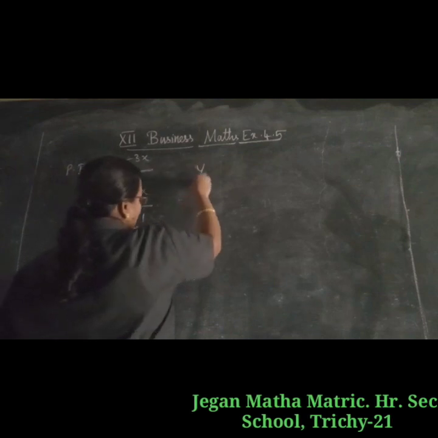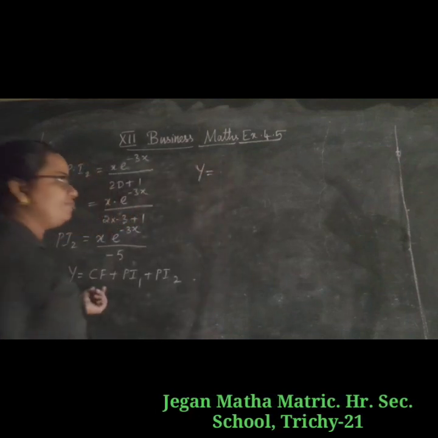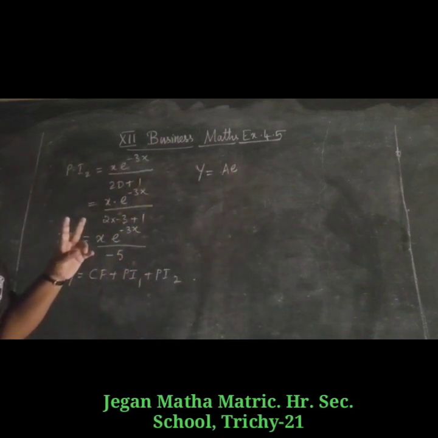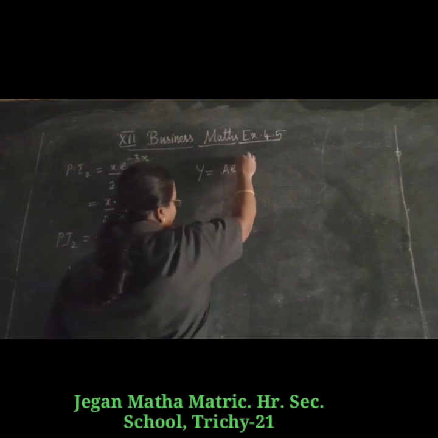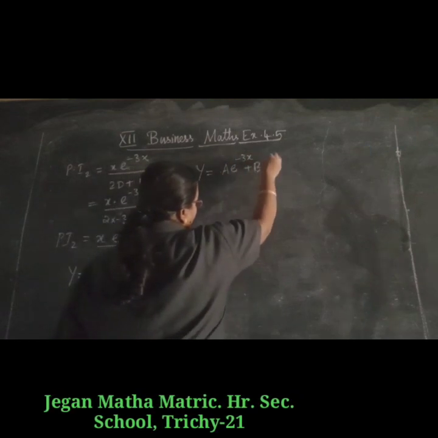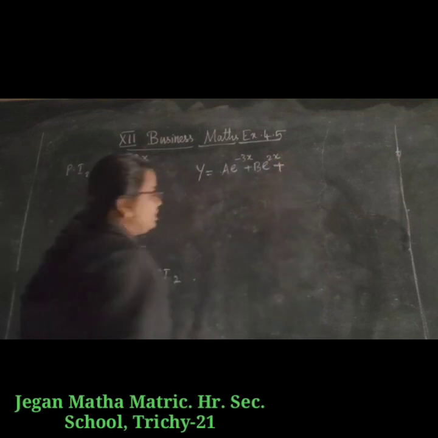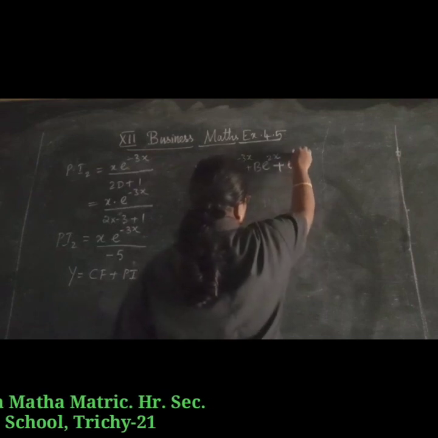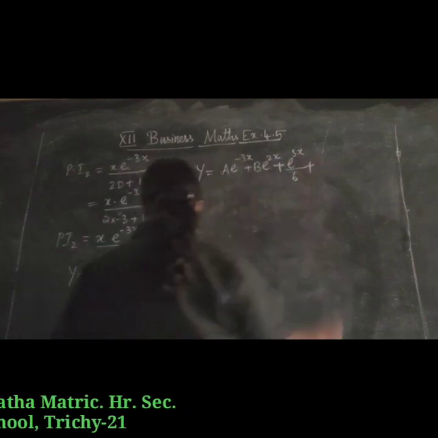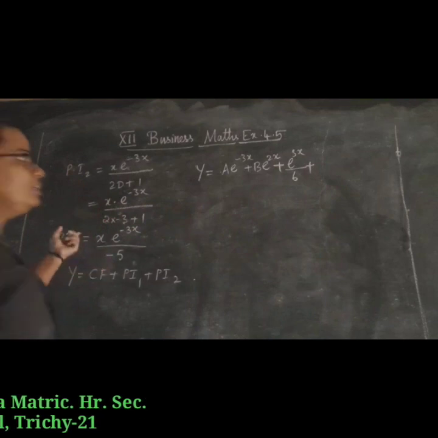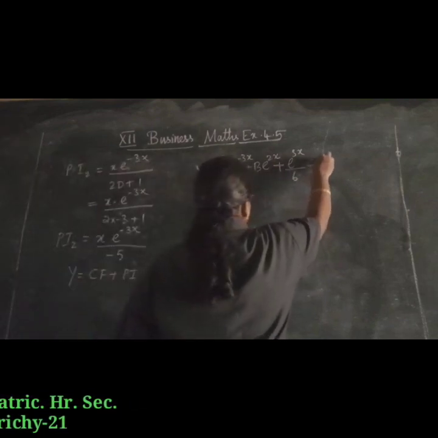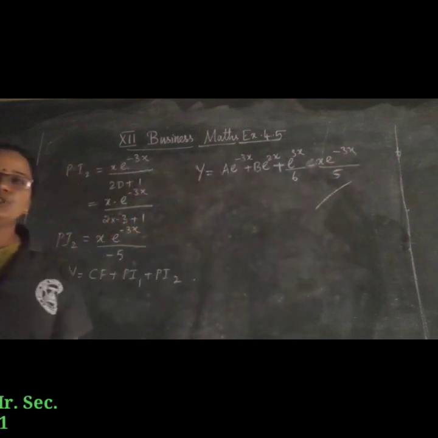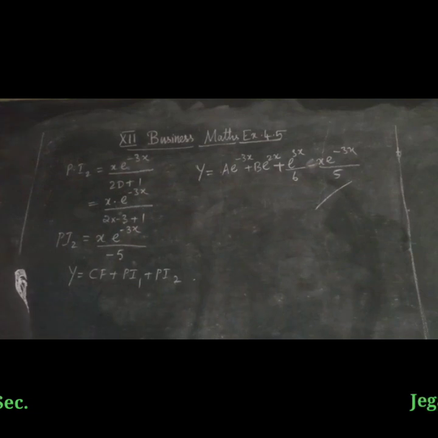Therefore, y is equal to a e power minus 3x plus b e power 2x, the complementary function we already found, plus particular integral 1, e power 3x divided by 6, and minus x e power minus 3x divided by 5. This is the general solution of this equation.